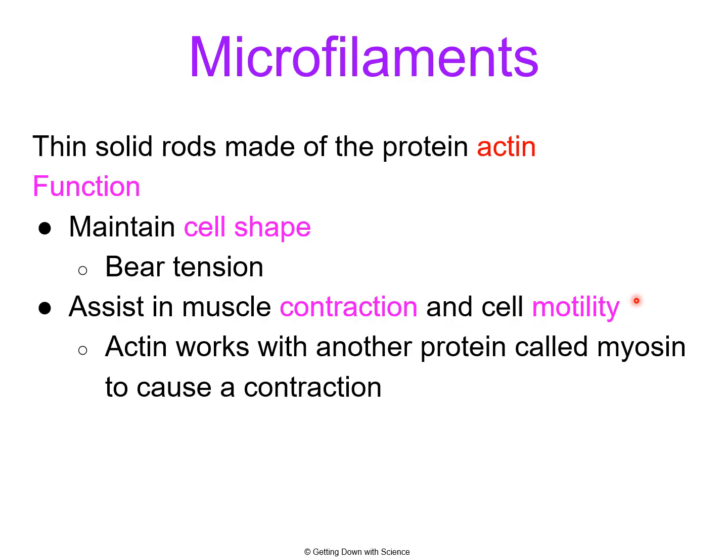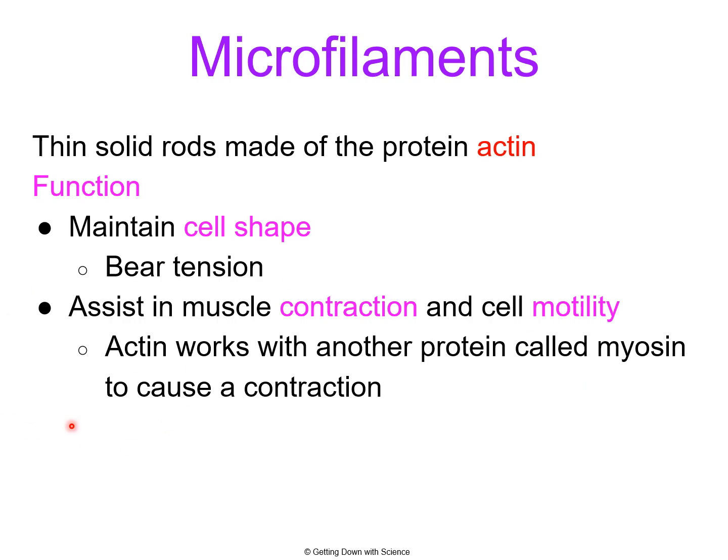And if you do anatomy and physiology next year, or whatever year you choose to do this, we're going to learn a lot about the structure, the anatomy, and the physiology of muscle cells. Actin works together with another protein called myosin. And whenever you see myosin, you should always think muscles.